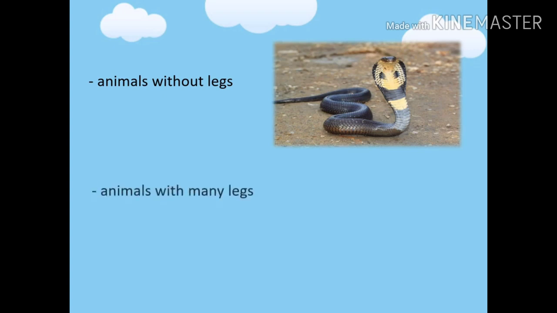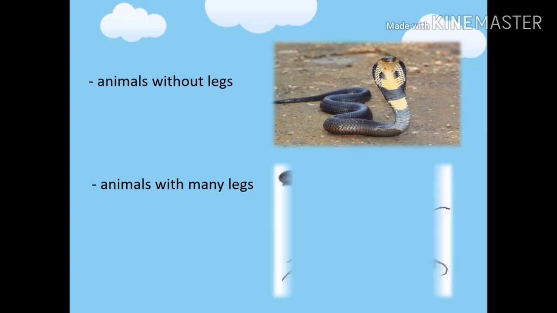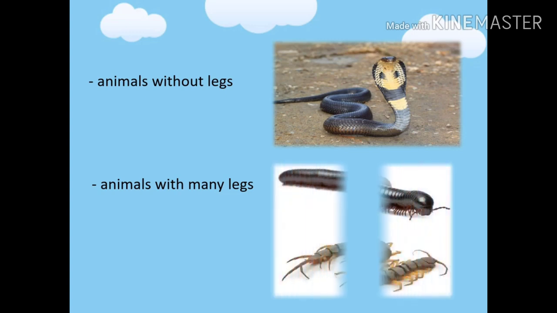Next, we have animals without legs. Example, a snake. They use their body to crawl. Next, animals with many legs. Examples for these are centipedes and millipedes. They have many legs.